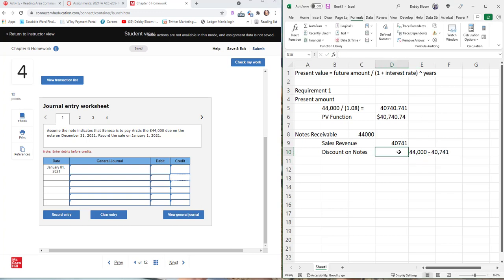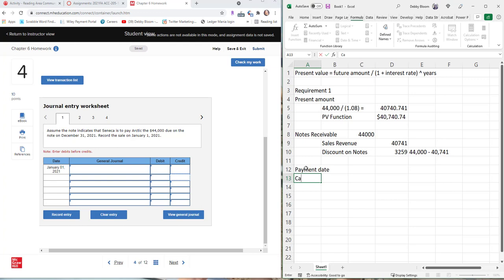So the discount on notes receivable is a contra asset account, so they stick together like glue. Notice they're on different sides, so we take the 44,000, subtract the 3,259, and that becomes the value of the note at this point, 40,741.